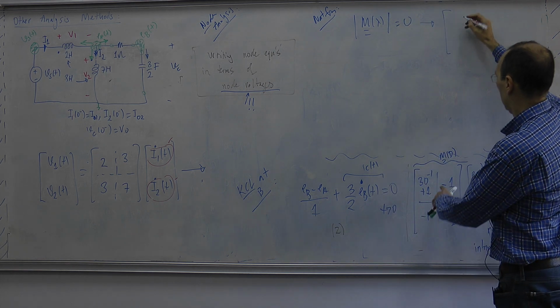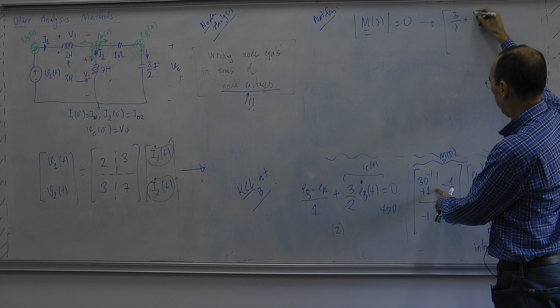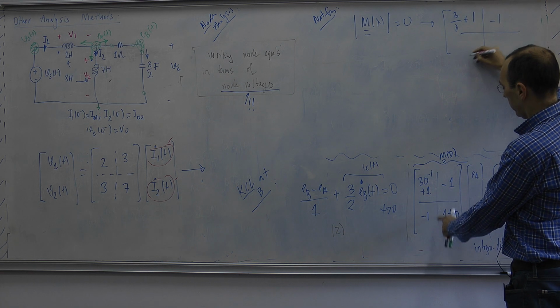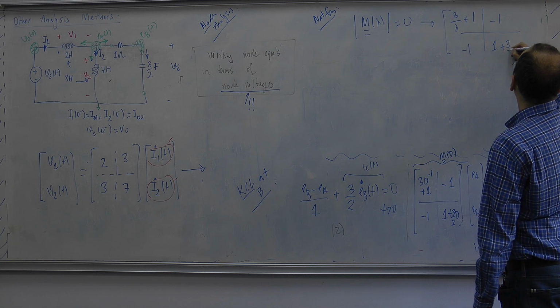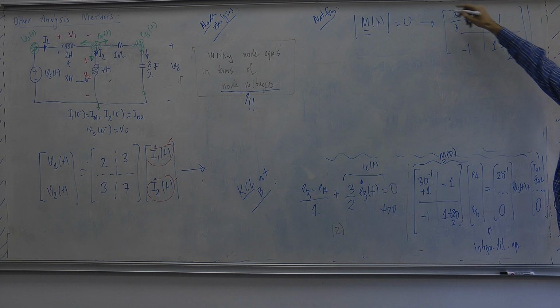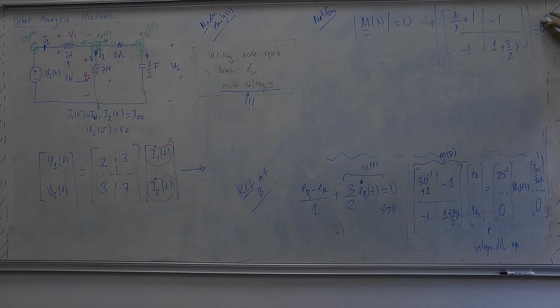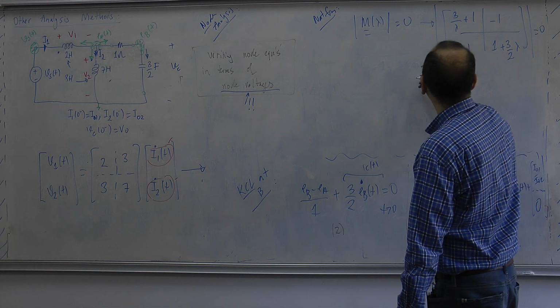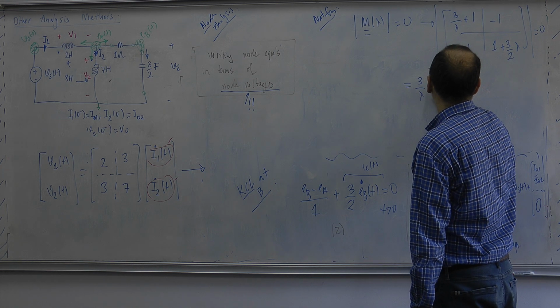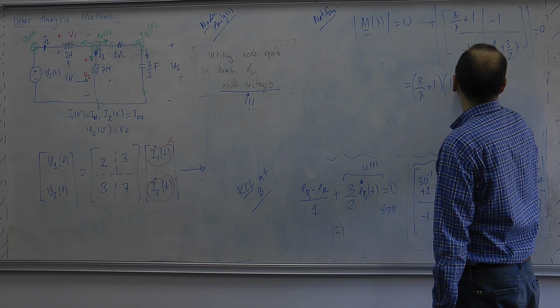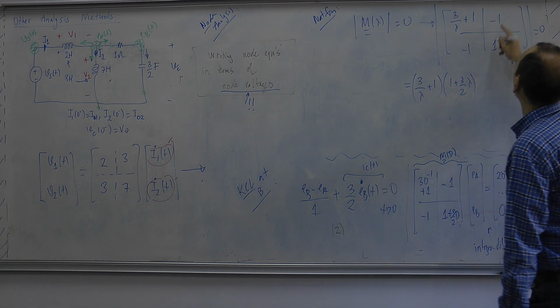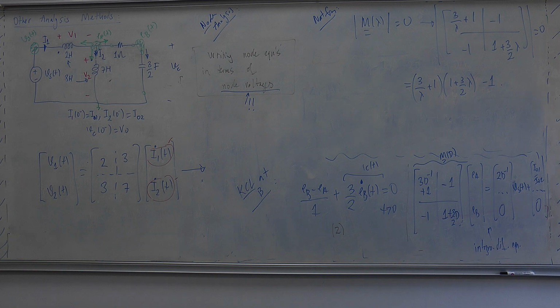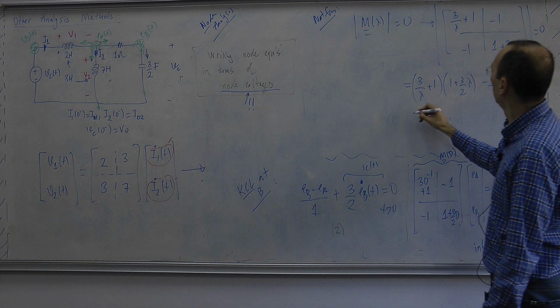So what is that one? 3 over lambda plus 1, minus 1, plus 3 over 2 lambda. So I have this determinant is equal to 0. It should be equal to 0 at a specific lambda value. Right, actually we know the results, but okay, let's give it a try. Okay. So this determinant is, this is minus 1. Okay. So what do I have?